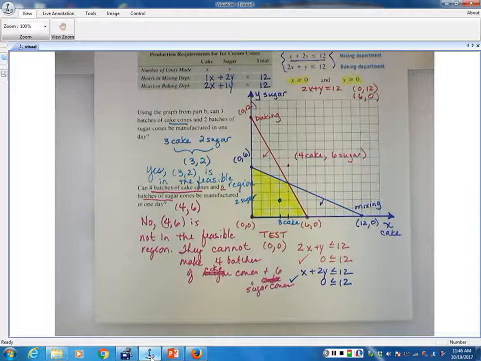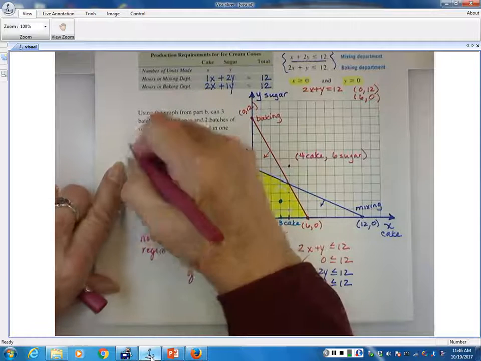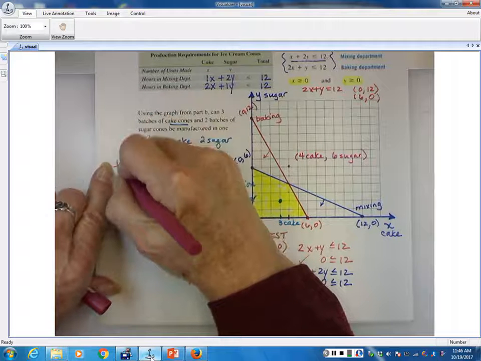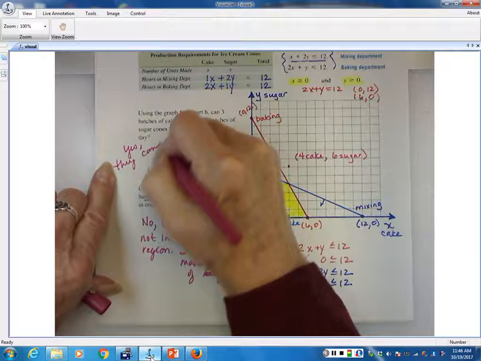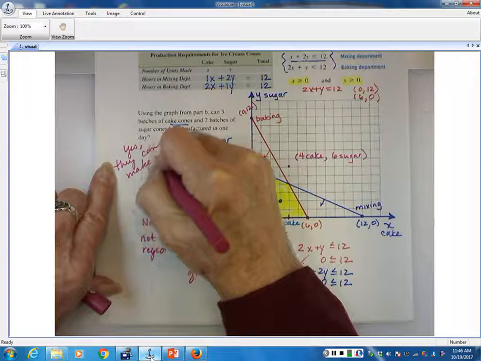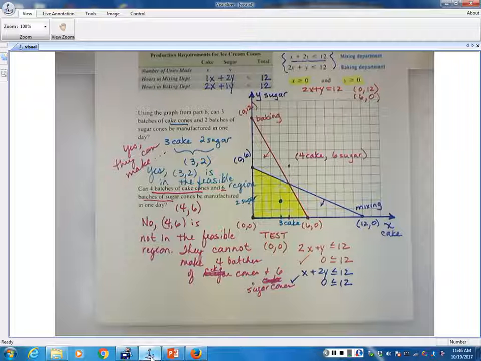So they can't make that, but up here, yes. They can make 3 cake and 2 sugar. Okay? So that's where we're headed with all of this.